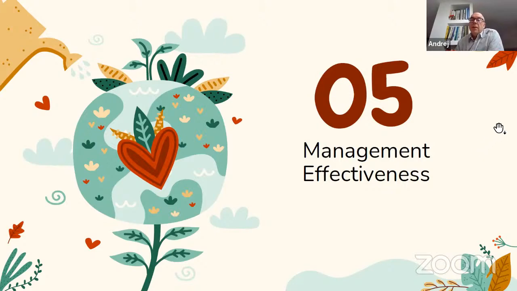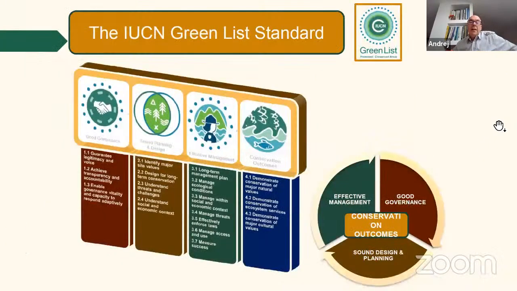So if you can go to the next slide, I'd like to draw your attention to the IUCN Green List standard, which is the most comprehensive recent global standard on understanding how well your protected area is managed. It is composed of 3 components.